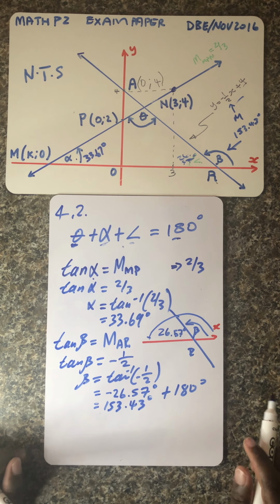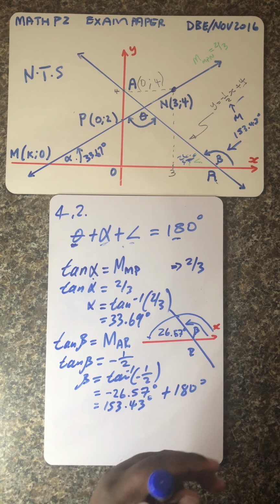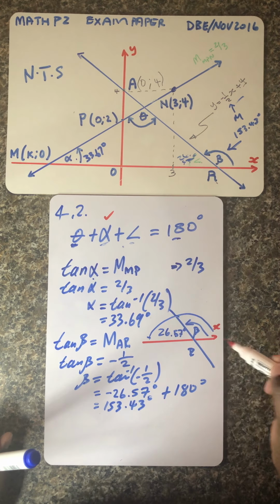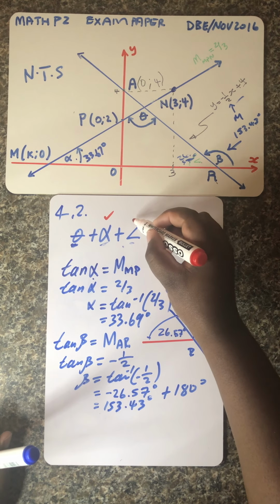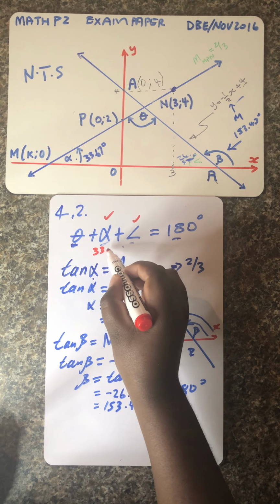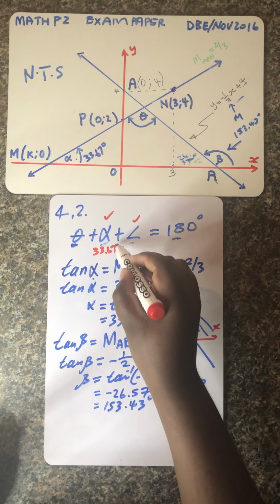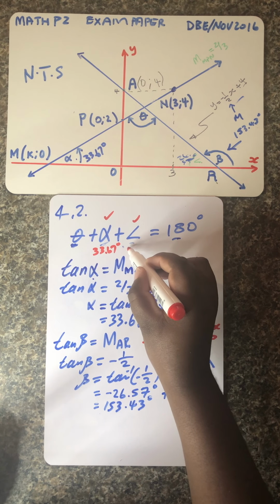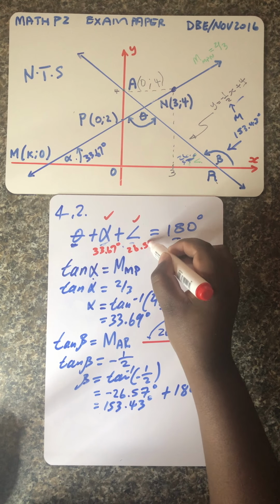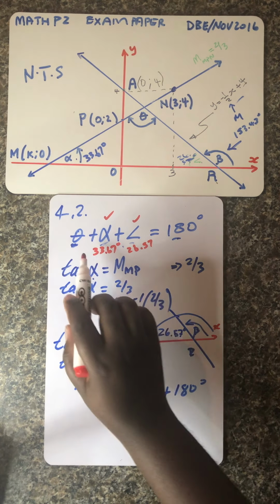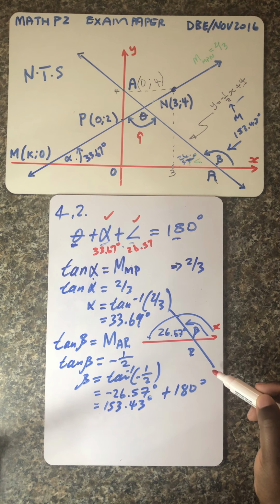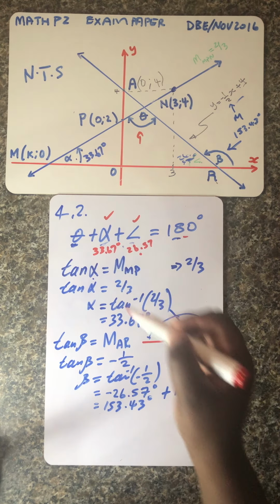Okay, so now can you see we have already calculated that angle, and now we just calculated that angle. So this is obviously 33.67 degrees, and this is 26.57. So for us to be able to get the value of that angle, which is that angle that we're looking for, obviously it's 180 minus 2 of this angle.